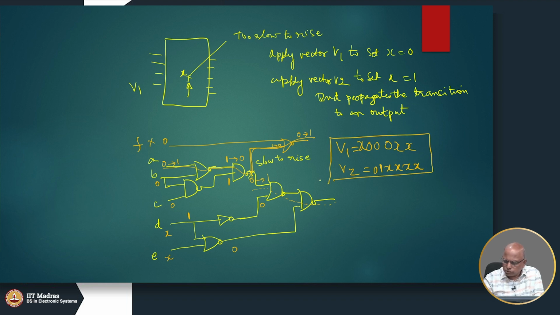So these are the two vectors. The important point is that to detect a transition delay fault, we need not one but two vectors.